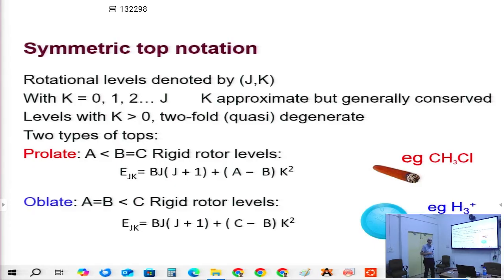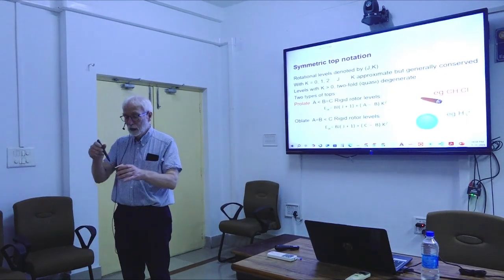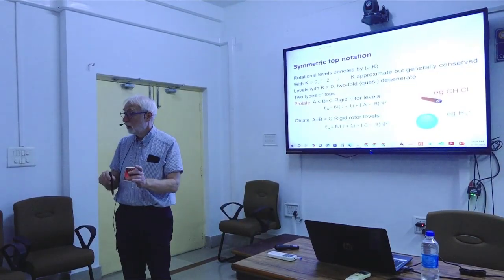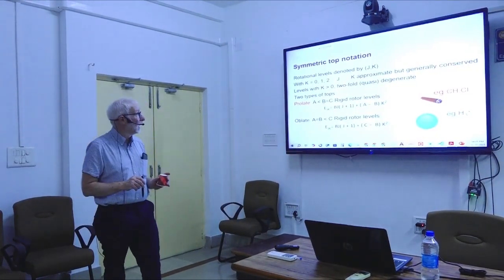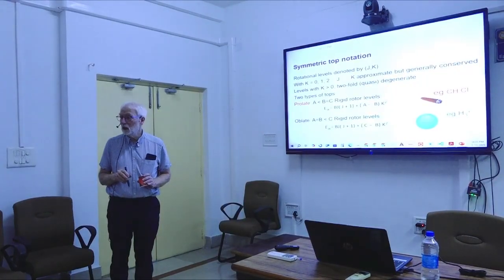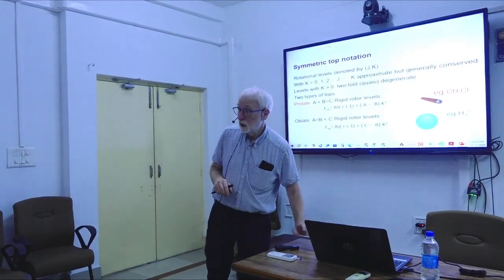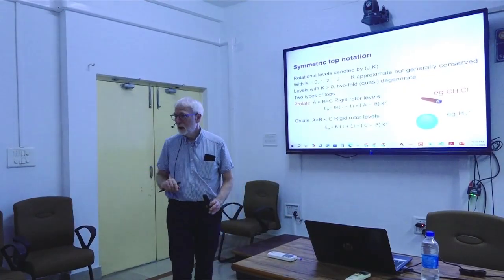And now you get an extra quantum number, the projection of the rotational angular momentum onto the unique axis. If this is my symmetric top, the unique axis is down here, and the projection of J onto this axis is normally called K, and it goes between 0 and J. For a fermionic system, J can be half integer, in which case K goes from a half to J in steps of 1.